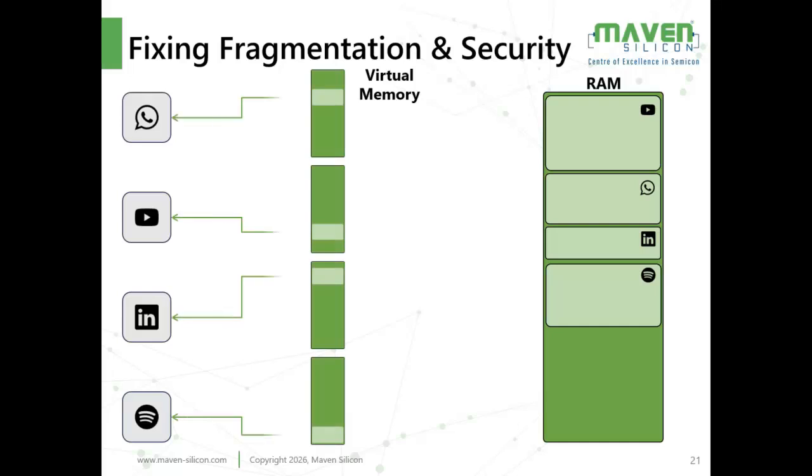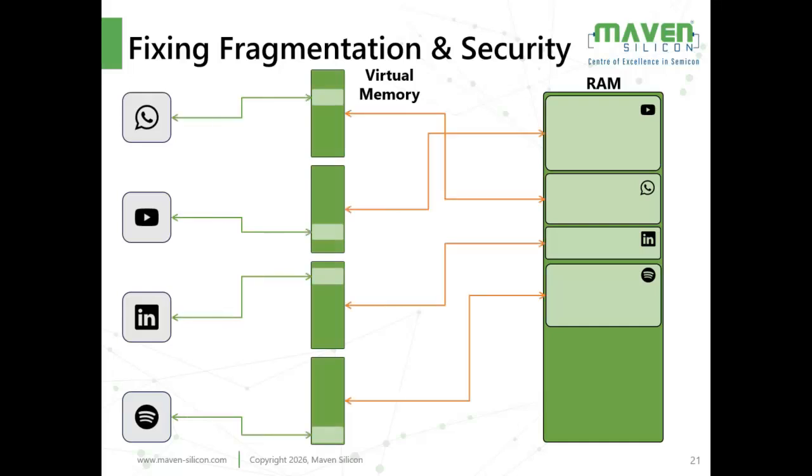Since each process has its own virtual space, memory in physical RAM can be allocated in different fragments using paging. This prevents processes from accessing each other's memory. As a result, programs cannot accidentally overwrite each other's data. This isolation improves system stability and security, thus solving our fragmentation and security issues.